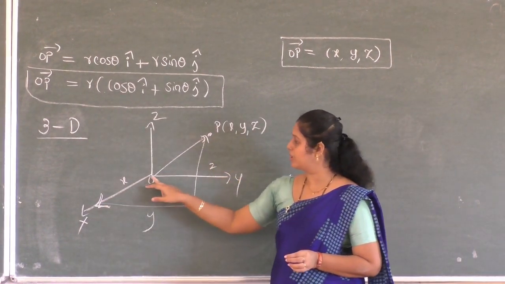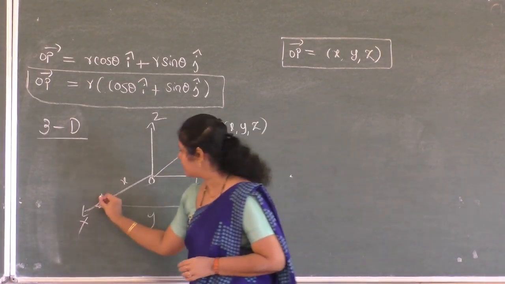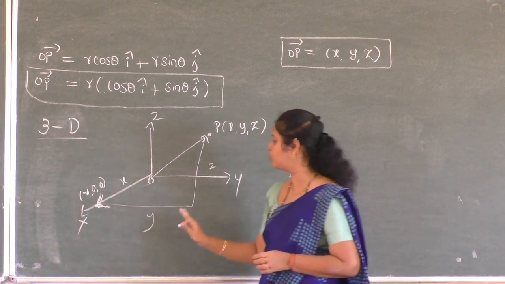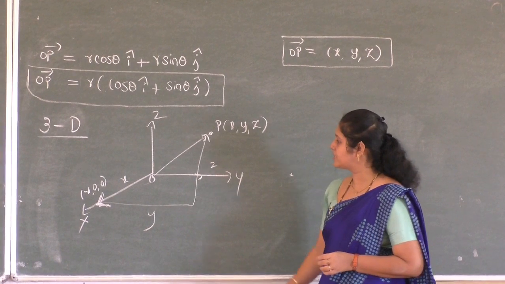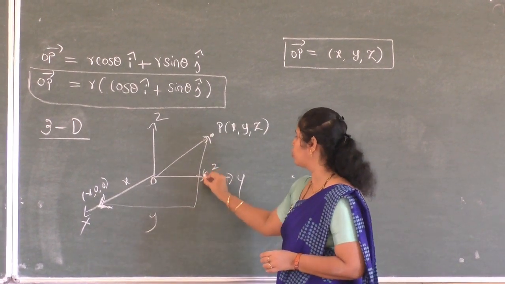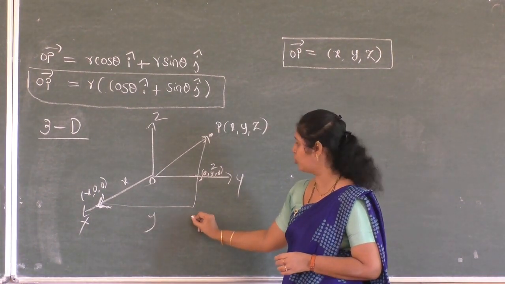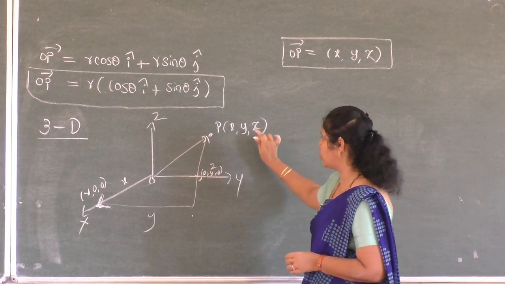First it moved x distance along the x-axis, so I can write x comma 0 comma 0. Similarly it moves y distance along the y-axis, so from the origin 0 comma y comma 0. That means here it will become x comma y comma 0. Then it takes height along the z-axis, giving x comma y comma z.